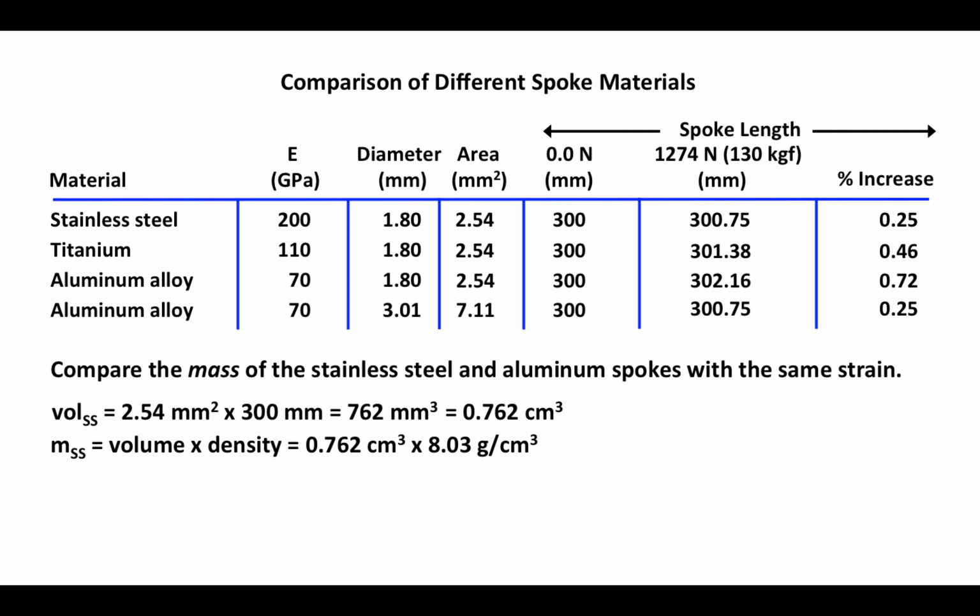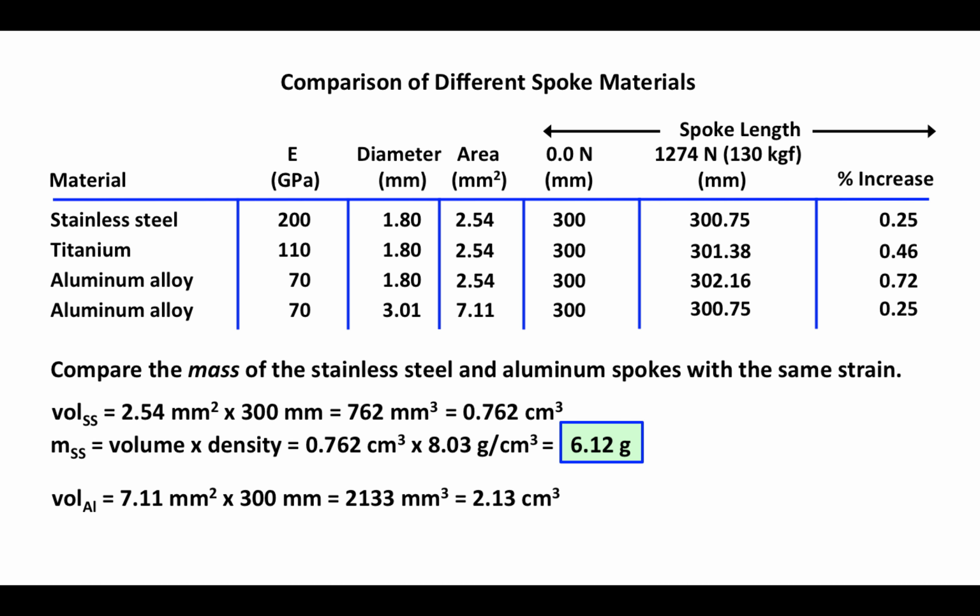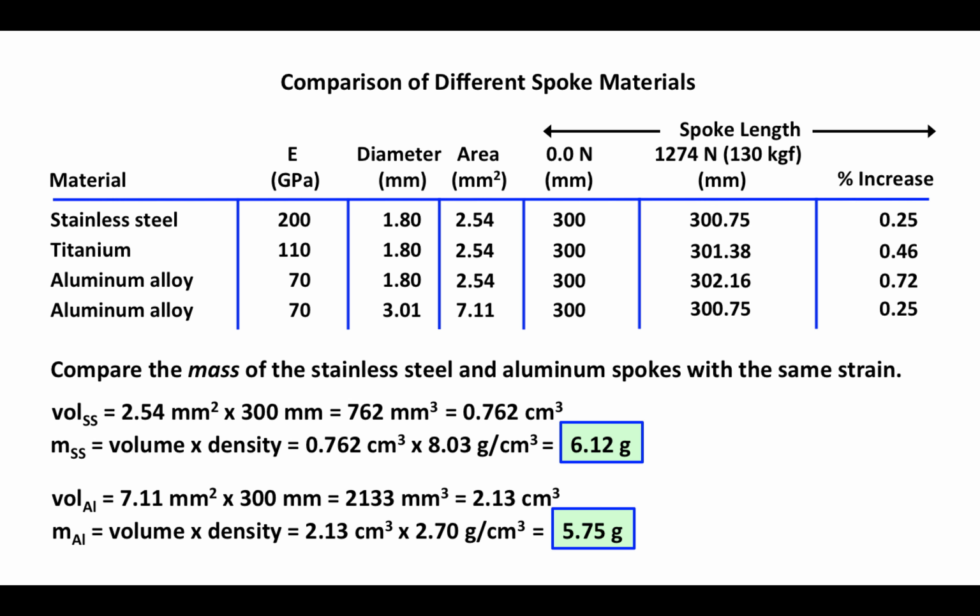And here's our mass. If I multiply the volume by the density shown there, I get 6.12 grams. In the case of aluminum, I have a larger volume because I have a larger cross-sectional area, and I get this volume. When I multiply the volume by the density, I get 5.75 grams of aluminum.